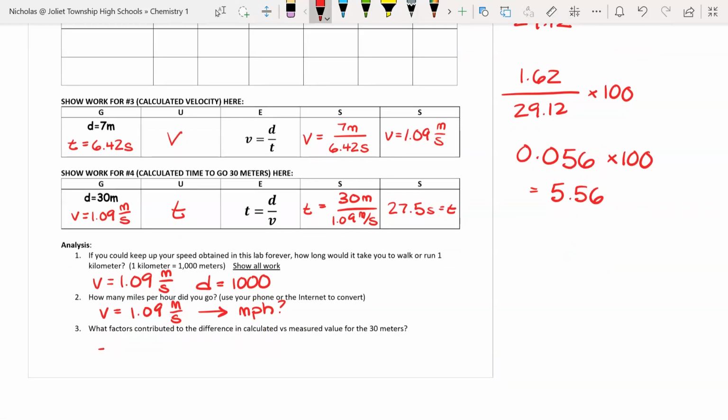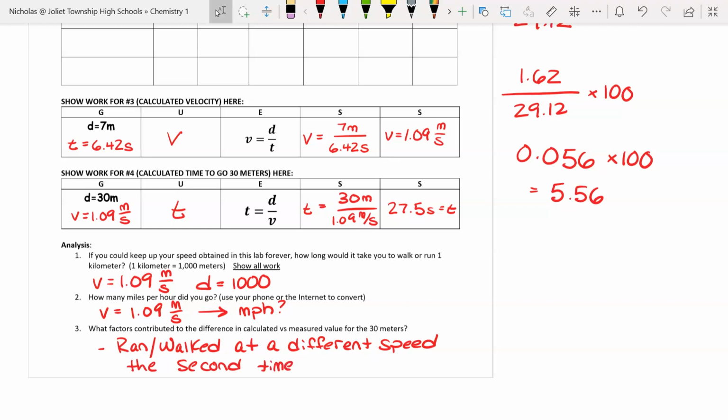One reason might be that they ran or walked at a different speed the second time. Another reason might be with the stopwatches.